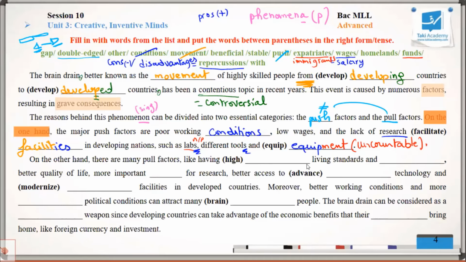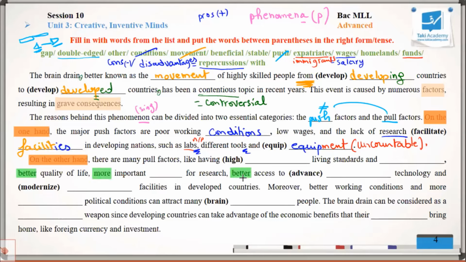They're all uncountable nouns. Now, to introduce my second point, I say, on the other hand, there are many pull factors like having living standards and better quality of life, more important for research, better. So what am I going to do then with high?